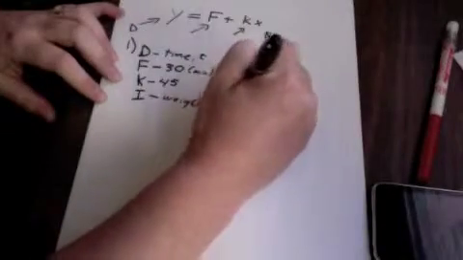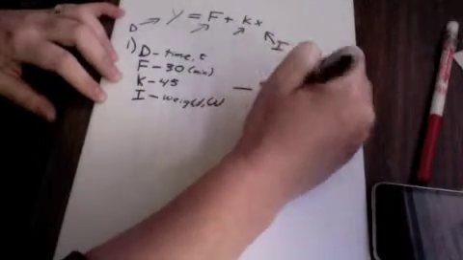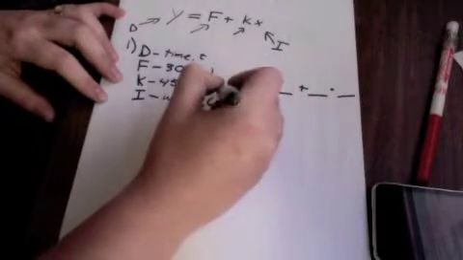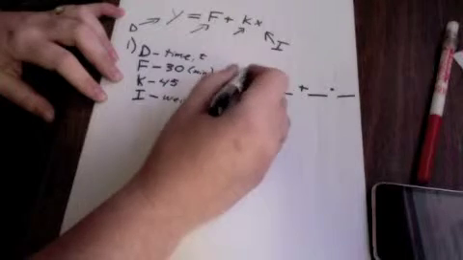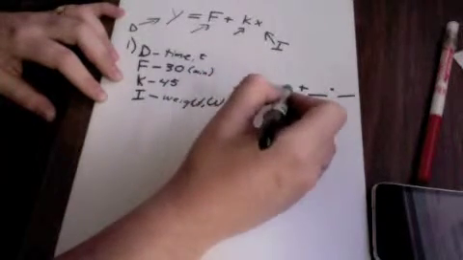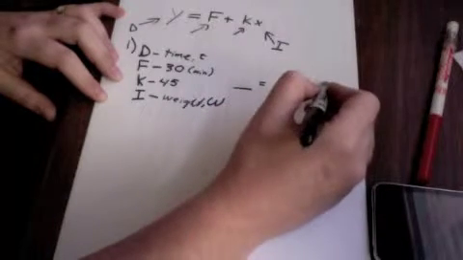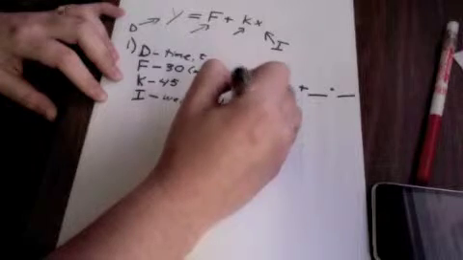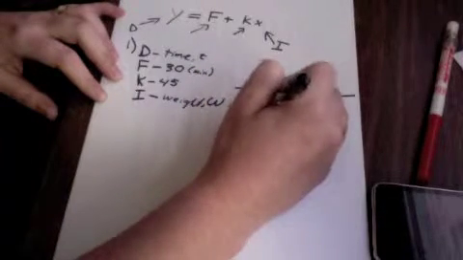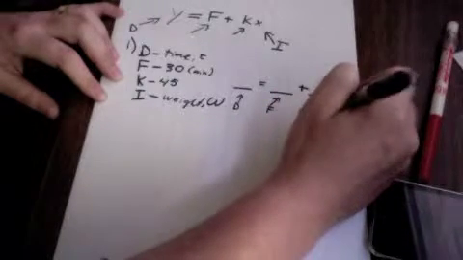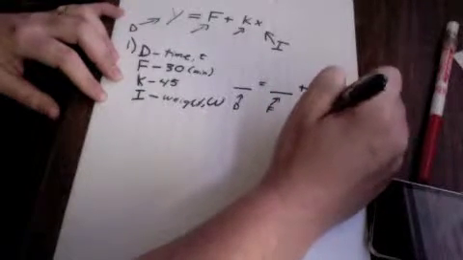If we follow this formula here, we're going to have something that looks like this: our dependent equals a fixed amount plus the K value times the independent. So this is where your dependent goes, this is where your F goes, this is where your K goes, and this is where your independent goes.